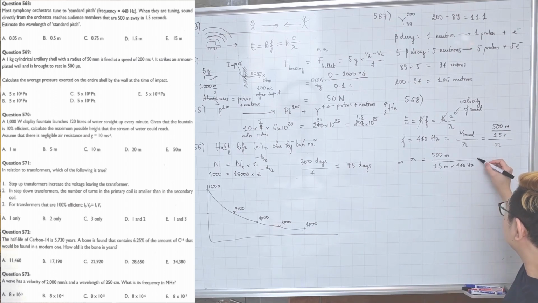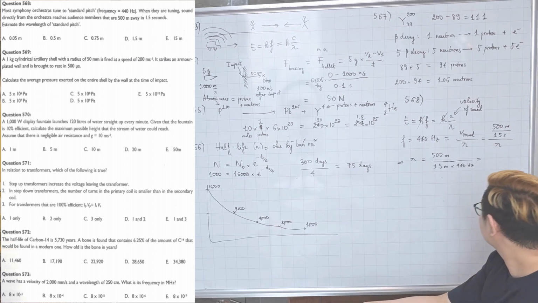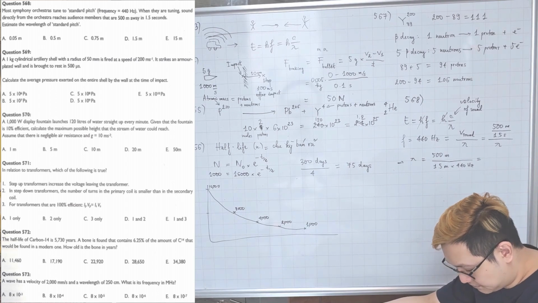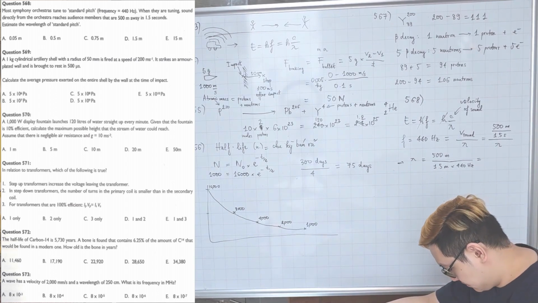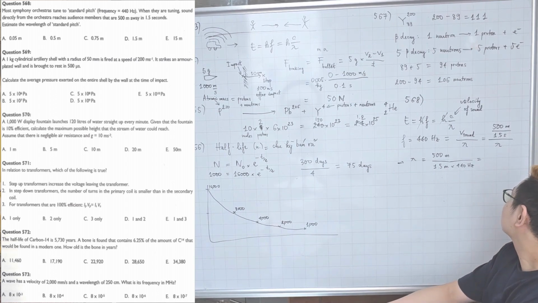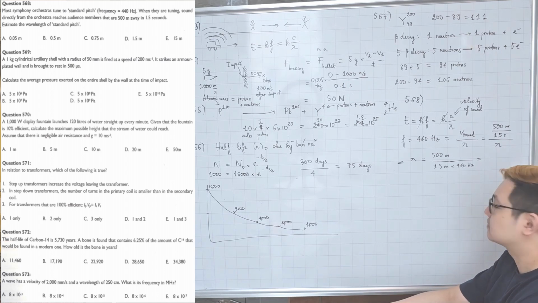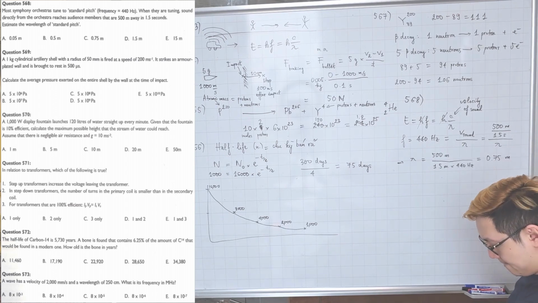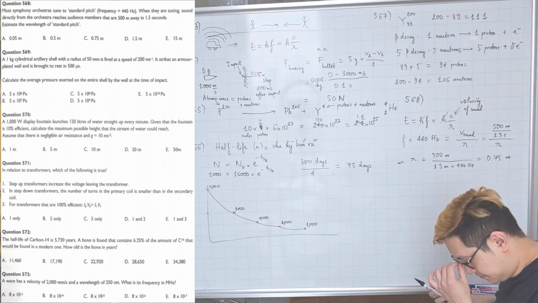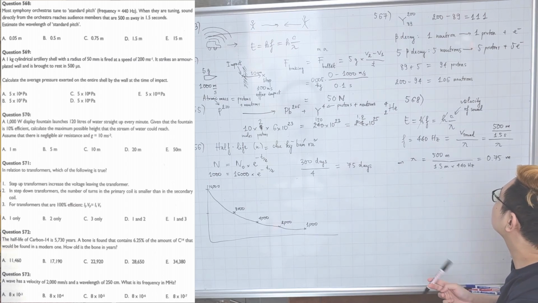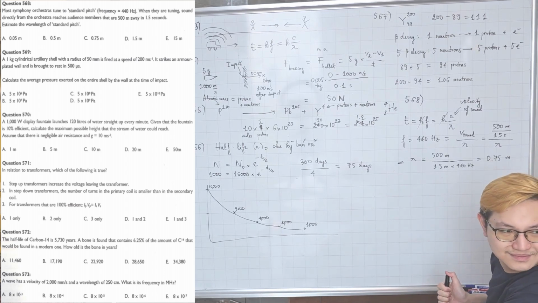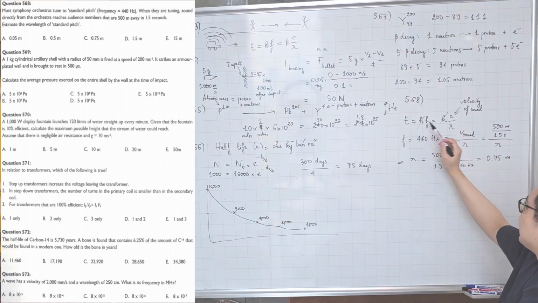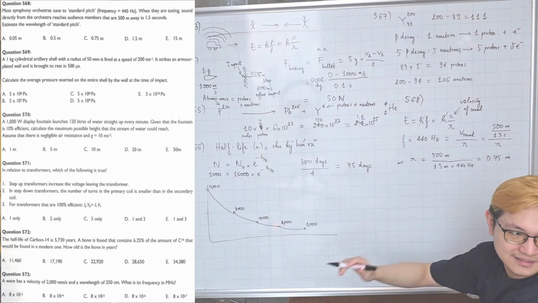Can you calculate this one for us, please? 0.75, right? Meters? Is it C? C. Yes. So I can use the same formula, but then I change a bit.